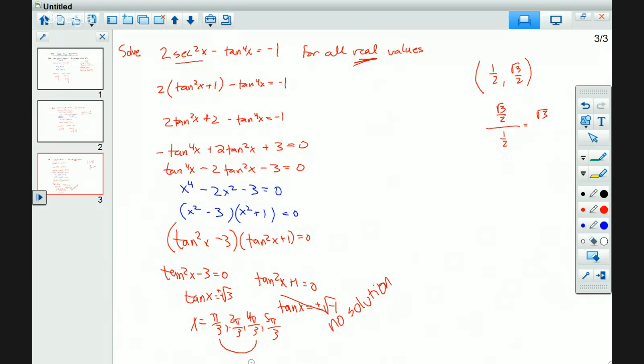So those two would be written pi over 3 plus pi times any integer, so any multiple of pi. So it would be pi over 3, 4 pi over 3, 7 pi over 3, 10 pi over 3, 13, 16. That's what this formula represents.